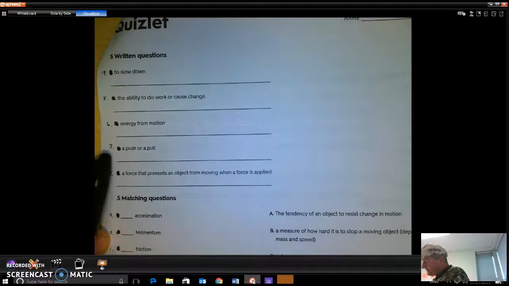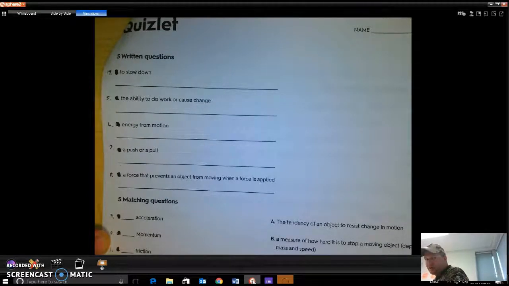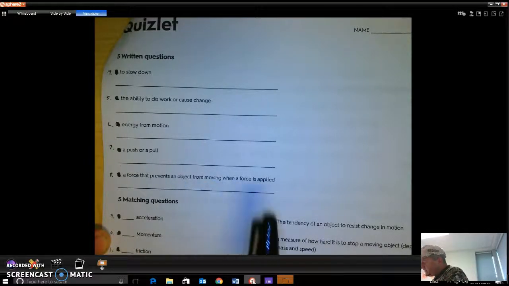Next question, push or pull. Write your answer on the line. Push or pull. Number 18, a force that prevents an object from moving when a force is applied.